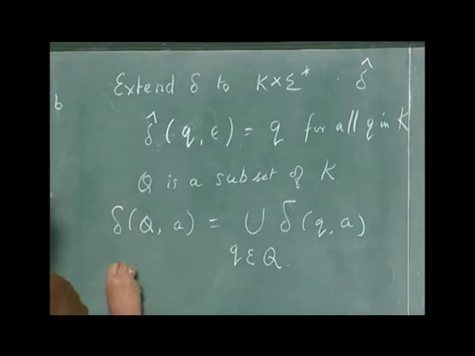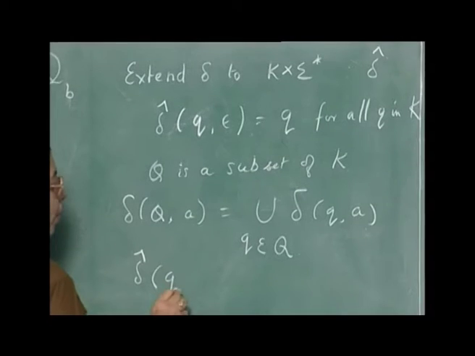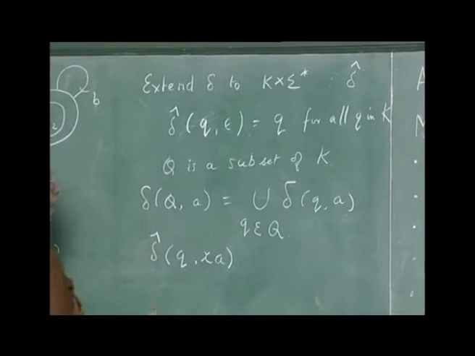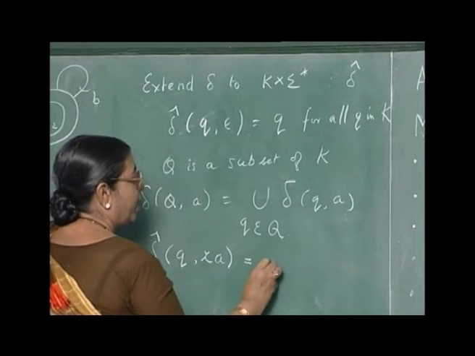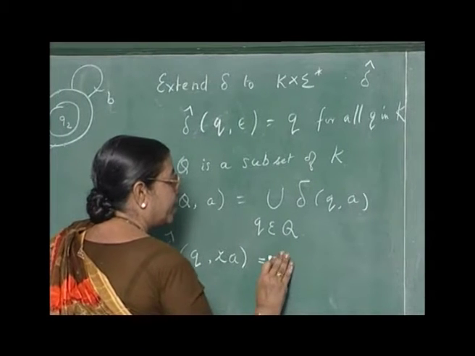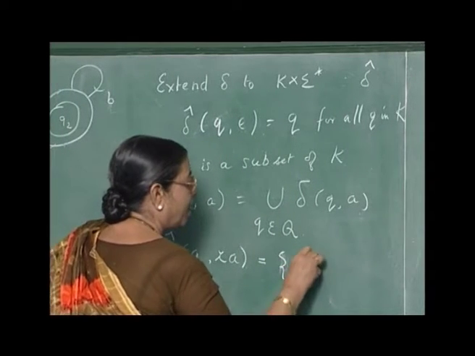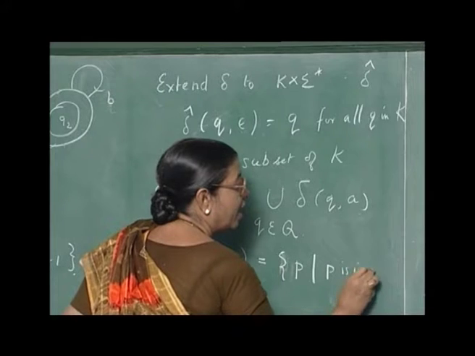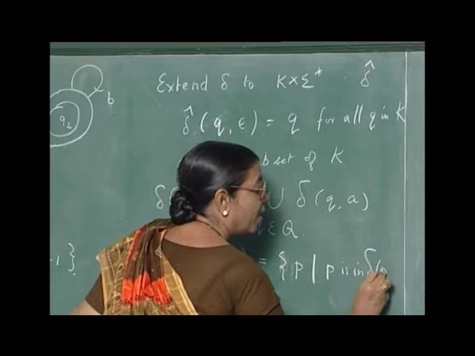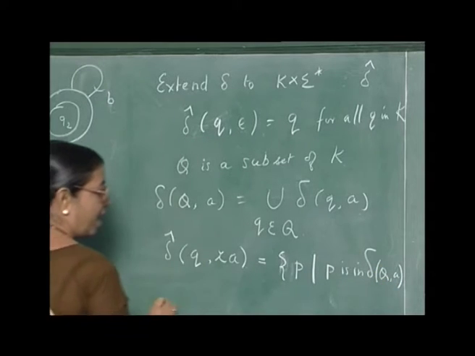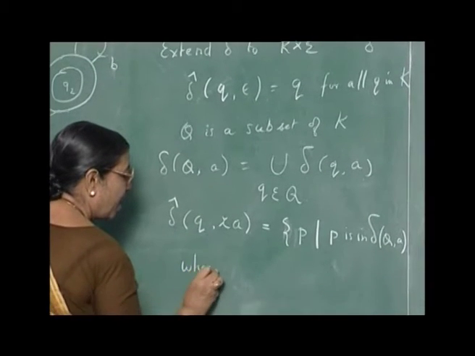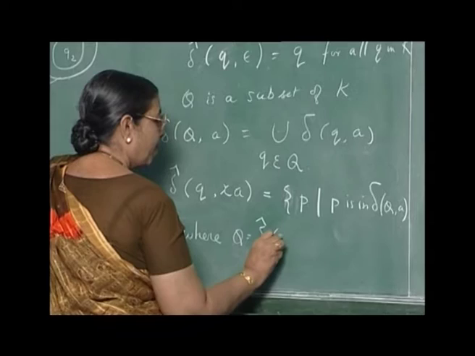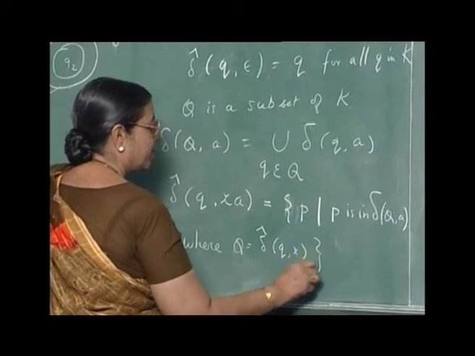Now, how do you define delta cap of q, xa, a string? That is equal to the set of states P, where P is in delta of Q, a, where Q is equal to delta cap of q, x.